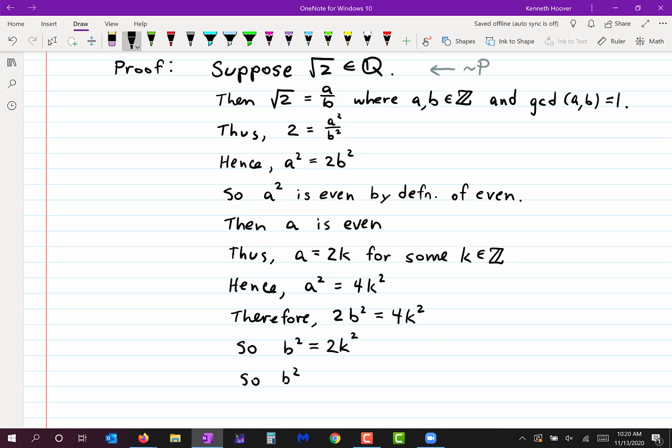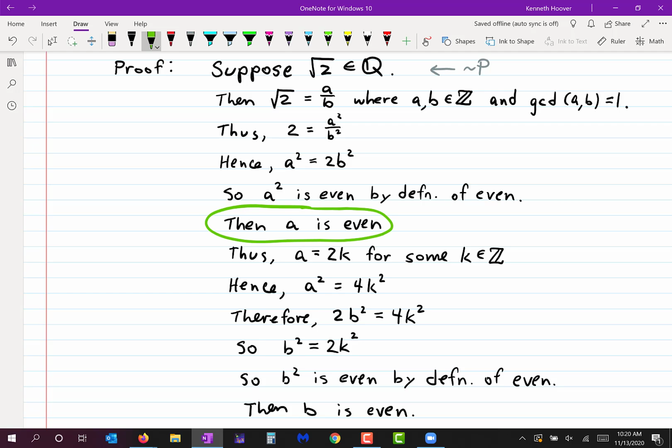So b squared is even, by definition of even. Then b is even, because if b squared is even, then b is even. So look here, we have a is even, and b is even.